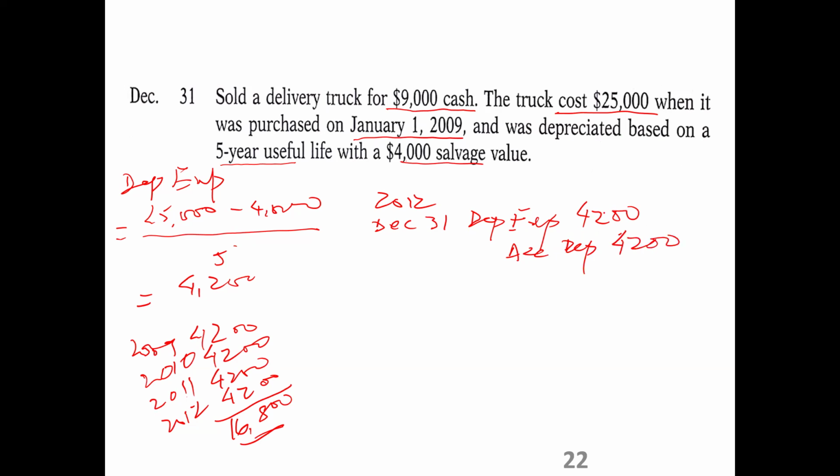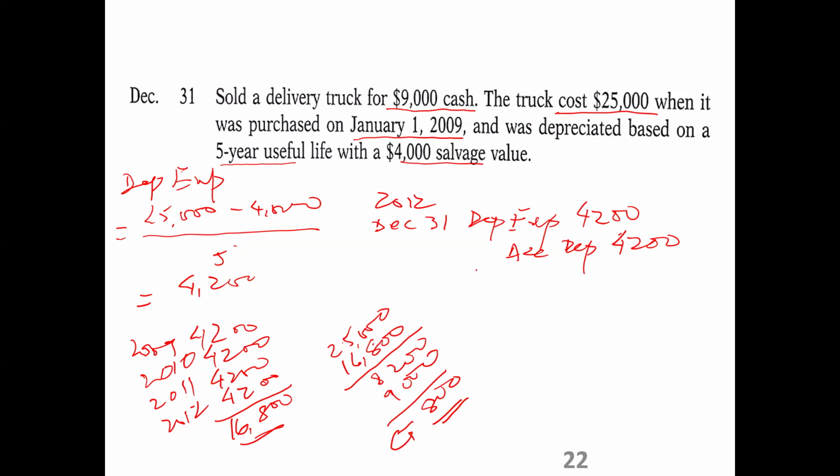Okay, here the book value would be 25,000 minus 16,800. So we are left with 8,200. So since we are selling this asset for 9,000, we have a gain of 800.